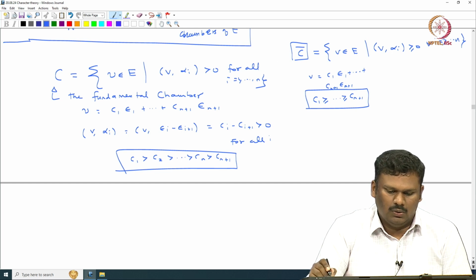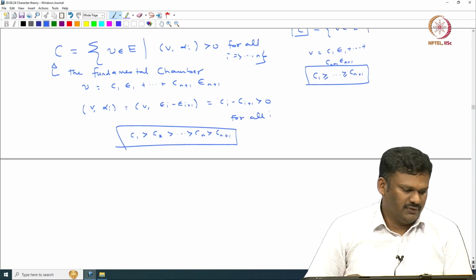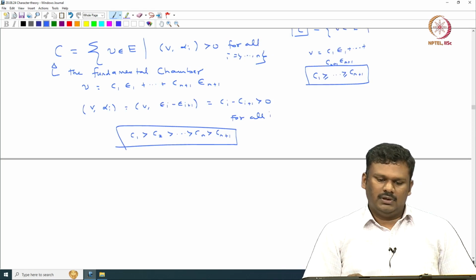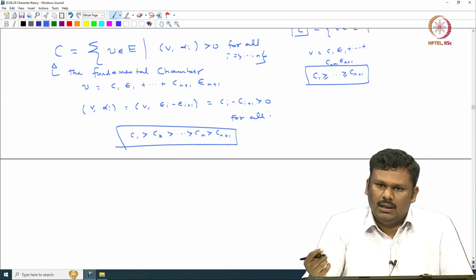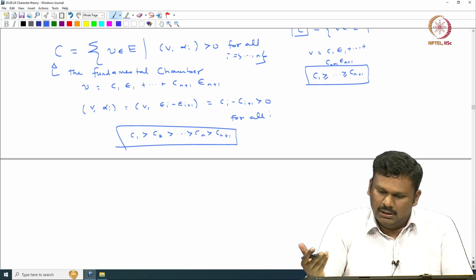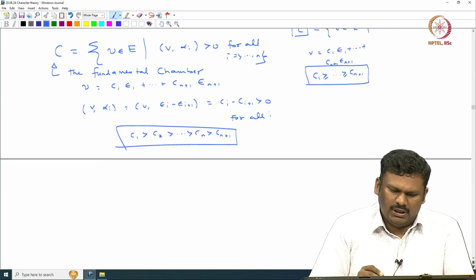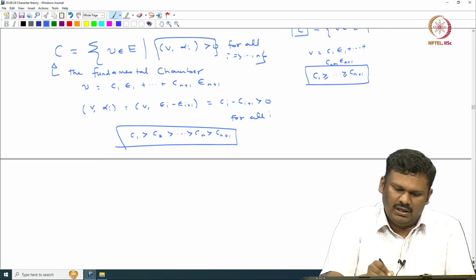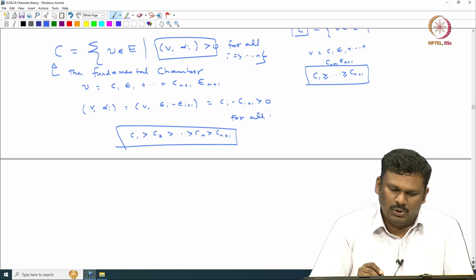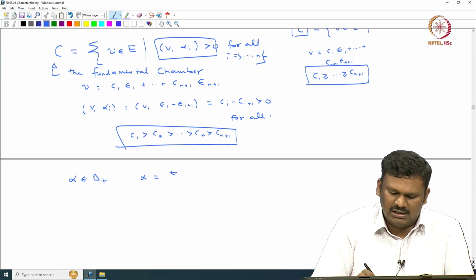Now, how can one think about this chamber, why is this first of all a chamber? Note that if we take 2 points from X, if they lie in the same chamber, then they must lie on the same side of each of the generating or reflecting hyperplanes. Here we have defined (V, alpha i) greater than 0 for all simple roots. If I take alpha from delta plus, you know that alpha can be written as the summation of n i alpha i with n i greater than or equal to 0.